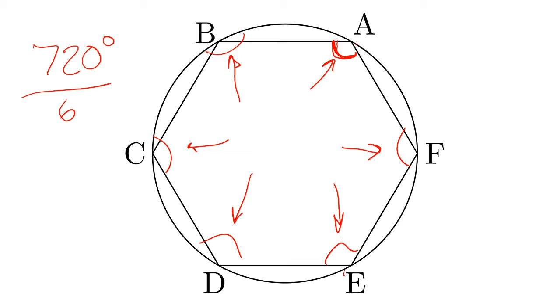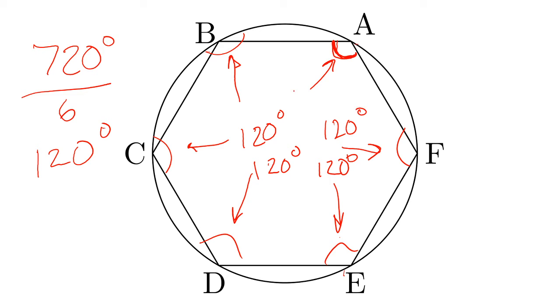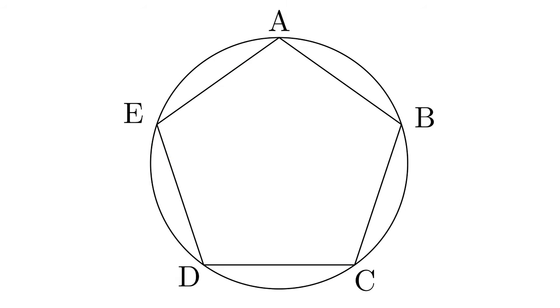And when we do that, each angle will be 120 degrees. So this angle will be 120 degrees. So will this one. So will this one. And so on and so forth. Okay. Go ahead and pause the video and try to find all of the interior angles on your own.